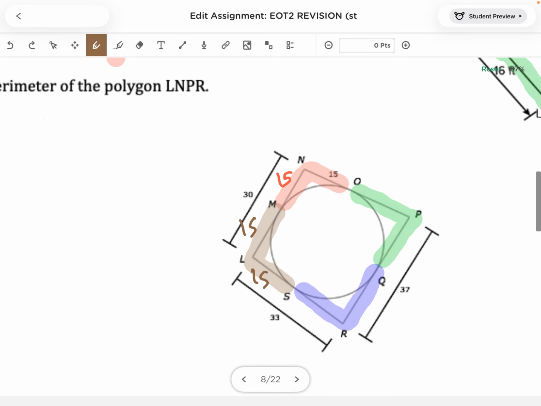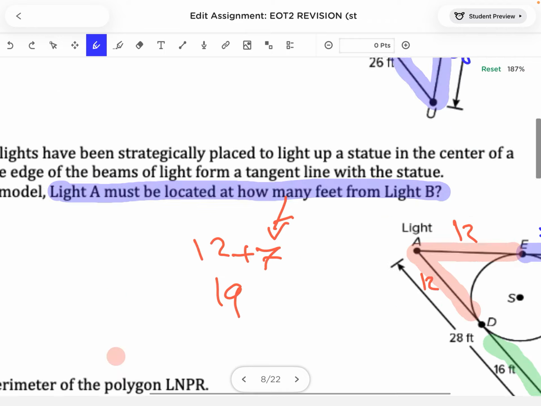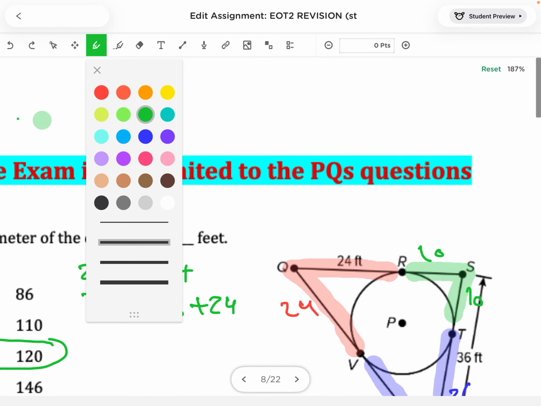And 15, 15 and 15, so the blue one, 18 and 18, 37. 33 minus 15 is 18. 37 minus 18 is 19. So the green one is 19 and 19.